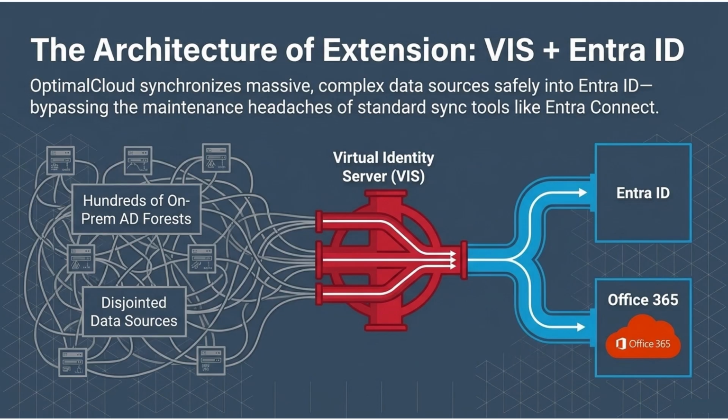And this is where the Virtual Identity Server, the VIS, changes the architectural approach. It acts as an advanced routing system instead of just a brute force synchronization tool. Okay, so in my head, I'm picturing VIS as this massive international air traffic controller. I like that. Instead of your engineering team trying to build 100 different runways for all these incoming planes from different legacy airports, which sounds like a recipe for a collision, VIS sits in the tower.